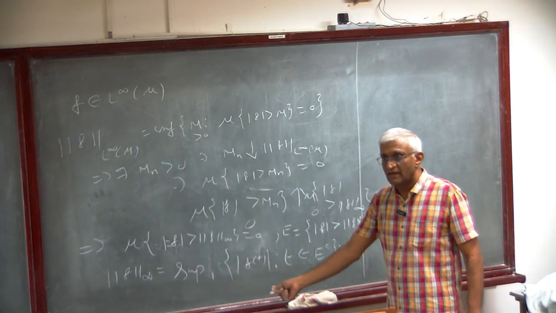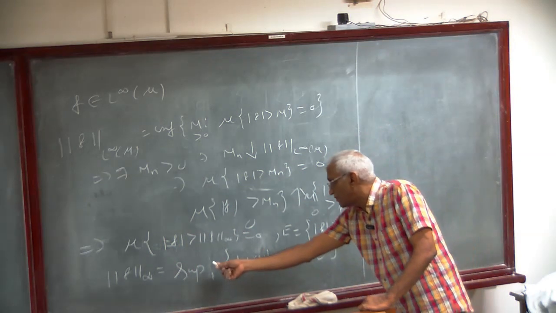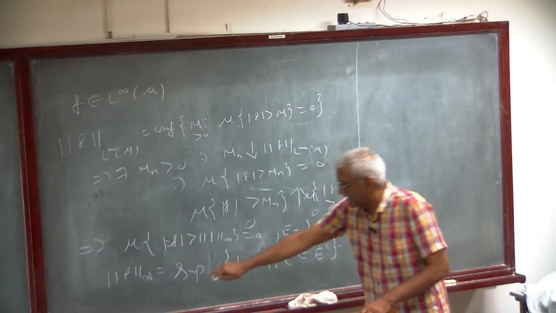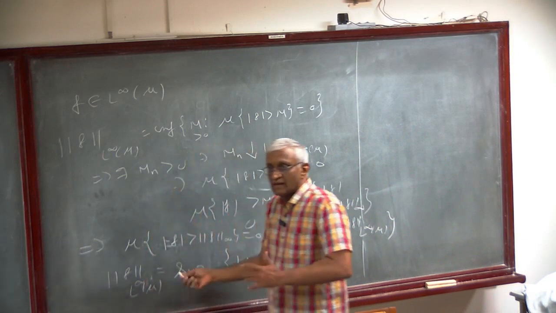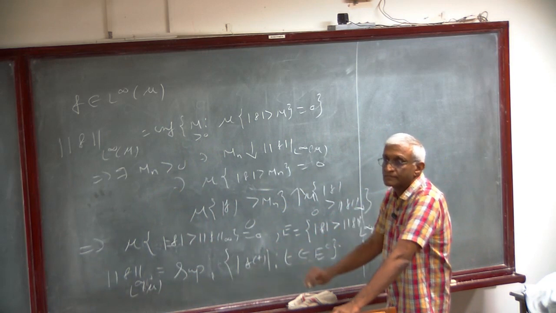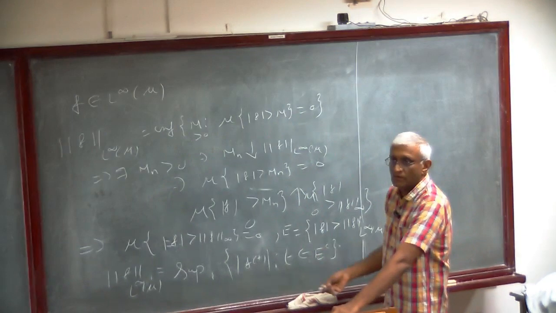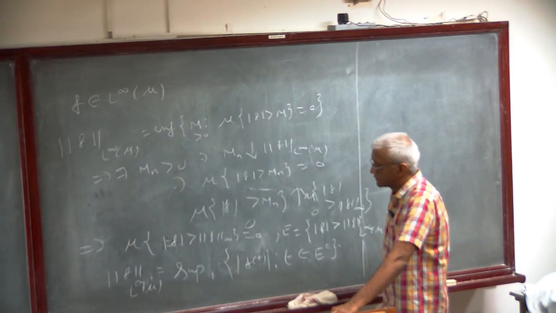If you take the supremum of mod f of t in this set, you get the L infinity norm. So the L infinity norm is actually a supremum over some set where you remove a set of measure zero. Okay, so this is the statement I want.